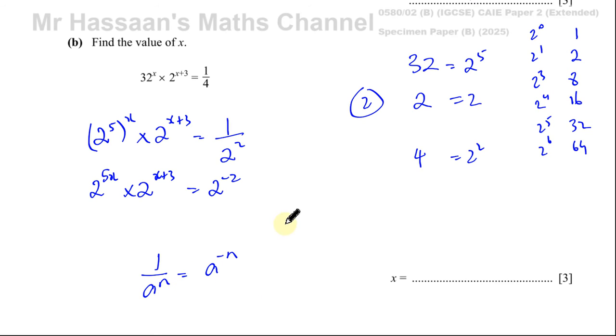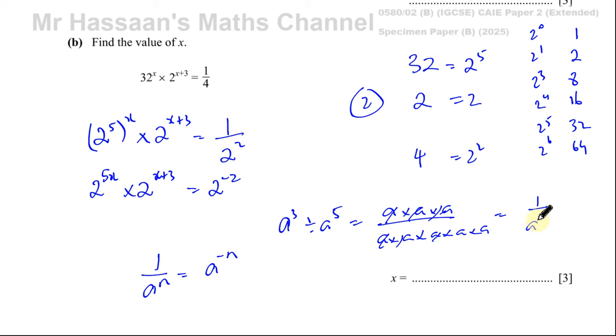For example, if I want to prove it, I can say a to the power of 3 divided by a to the power of 5. This is like a times a times a over a times a times a times a times a. 3 of the a's cancel, leaving you with 1 over a squared.